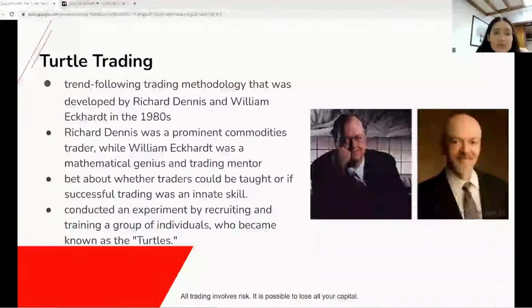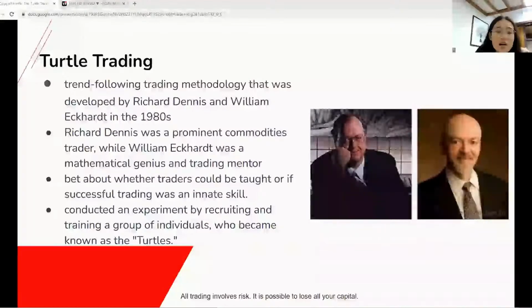The origins of the turtle trading strategy can be traced back to a bet between Richard Dennis and his friend William Eckhardt. They had a disagreement about whether traders could be taught or if successful trading was an innate skill. To settle the debate, they decided to conduct an experiment by recruiting and training a group of individuals who became known as the Turtles.